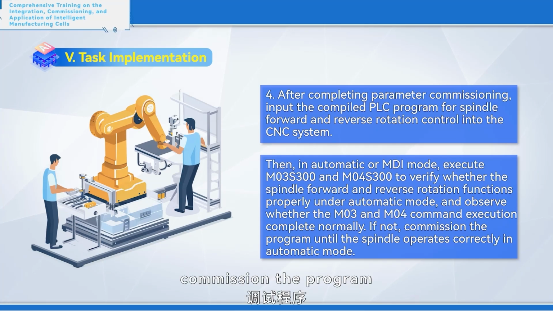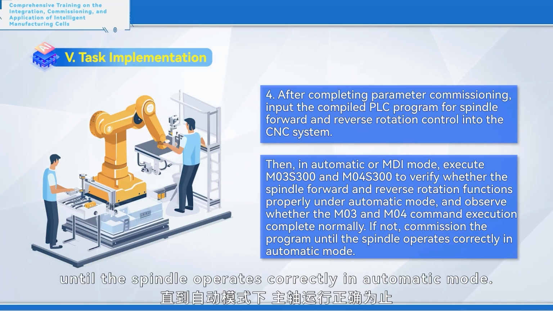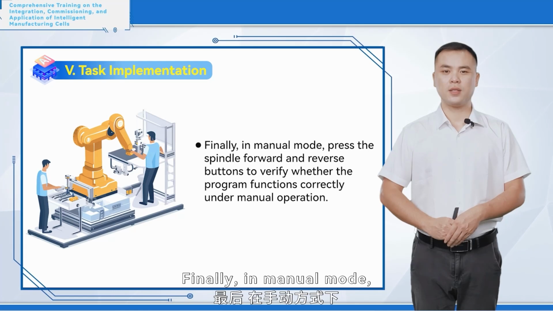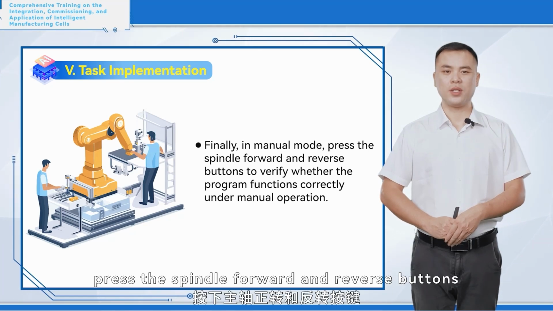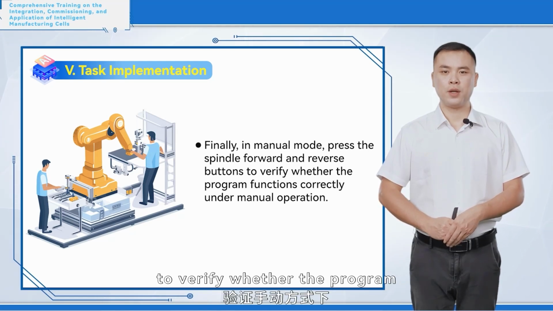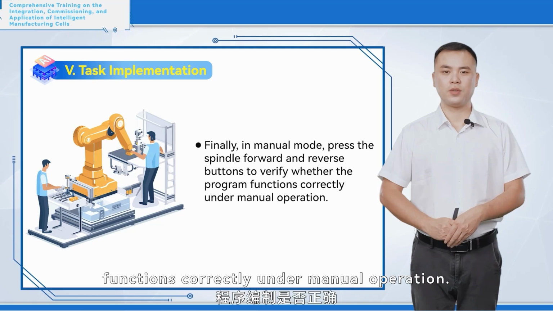If not, commission the program until the spindle operates correctly in automatic mode. Finally, in manual mode, press the spindle forward and reverse buttons to verify whether the program functions correctly under manual operation.